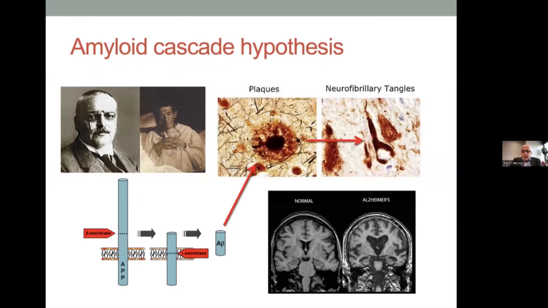The plaques then trigger a series of events that lead to neurofibrillary tangles. These tangles and plaques together lead to the degeneration that we see on structural MRI of the brain of an Alzheimer's patient, and overall this degenerative atrophy leads to the dementia, such as was seen in August Dieter.